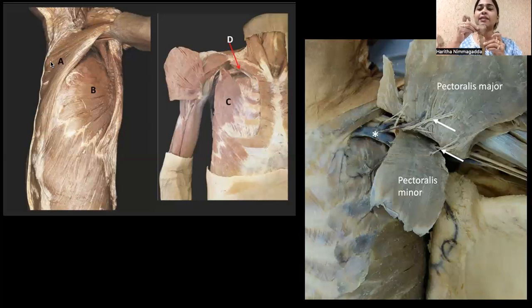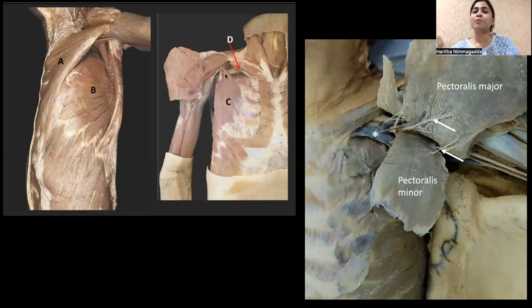You can see that we made an incision along the line of attachment of pectoralis major and reflected it laterally. Laterally means away from the body. In this second picture, this is the pectoralis major, which is reflected laterally.